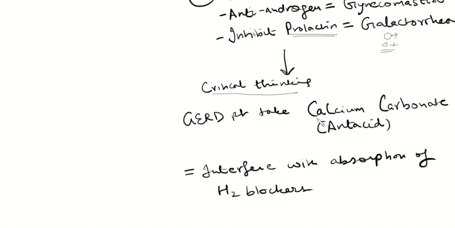So if I take calcium carbonate or Tums, what happens? Well, it's an antacid, but it can interfere with the absorption of this H2 blocker. So even though I'm taking 2 meds, it's not able to synergize, because this drug has to be absorbed in the blood and then go to the H2 receptor through the blood.